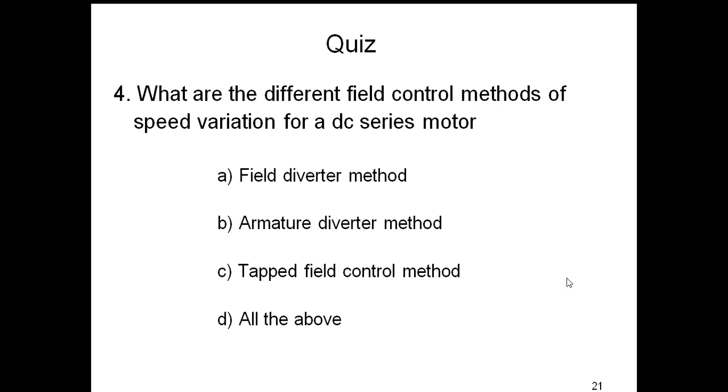What are the different field control methods of speed variation of a DC series motor? Field diverter method is one method, armature diverter method is the other one, and also tapped field control method is one of the methods to control the speed of a DC series motor.